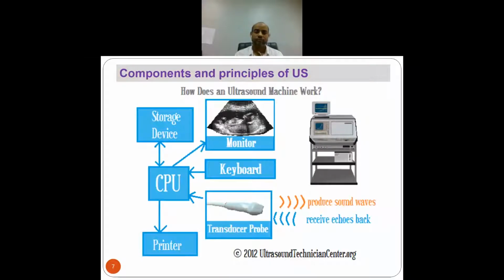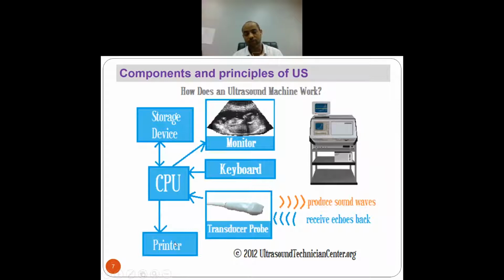All right. So this is another simplified form of presentation for the different components of the ultrasound machine. The same thing, you have the monitor and the command keyboard all together, which we refer to as the oscilloscope. And the central processing unit, the CPU, is there. And then we have the storage device, where you can store the images that you see.